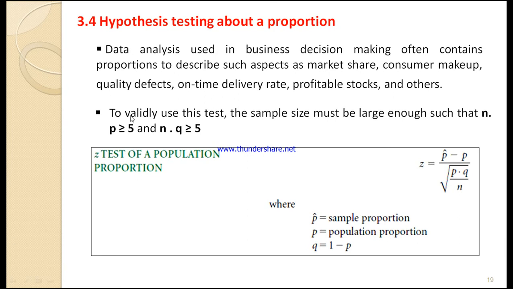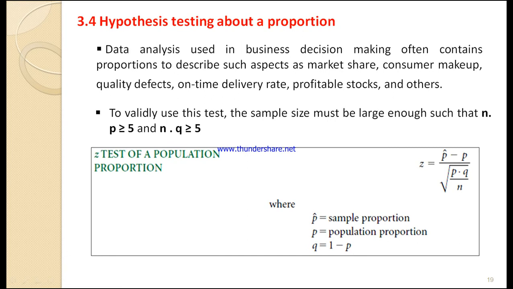When n times p and n times q are greater than or equal to 5, we use the formula z equals p hat minus p, all over the square root of p times q divided by n, where p hat is the sample proportion, p is the population proportion, and q is calculated as 1 minus p.